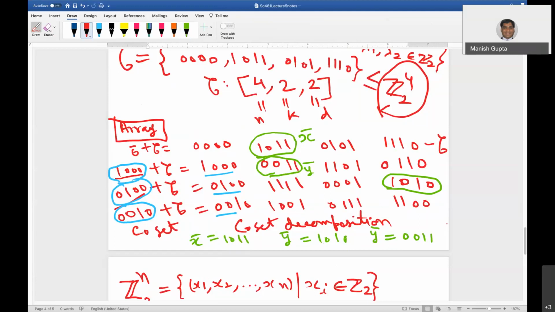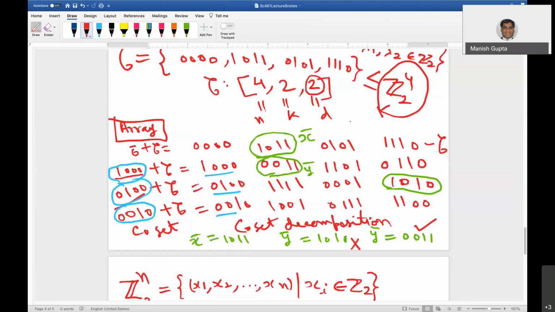If y is this, we are able to correct the error. If y is this, we are not able to correct the error, right? So sometimes we are able to correct the error, sometimes not, depending upon the code. This is happening because distance is 2.